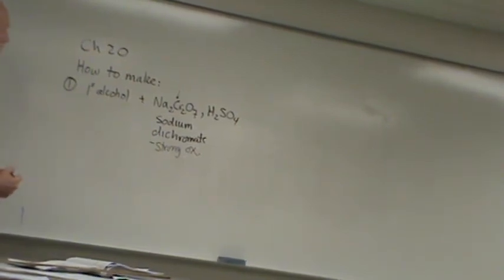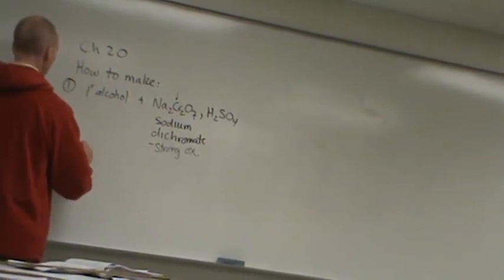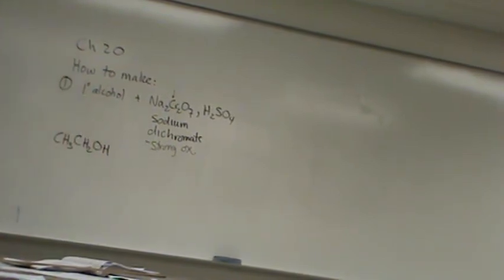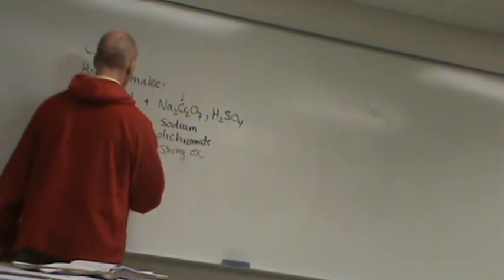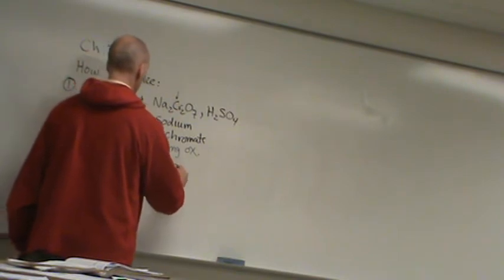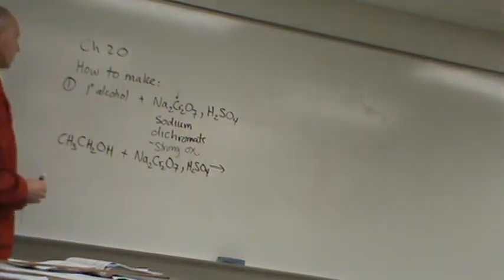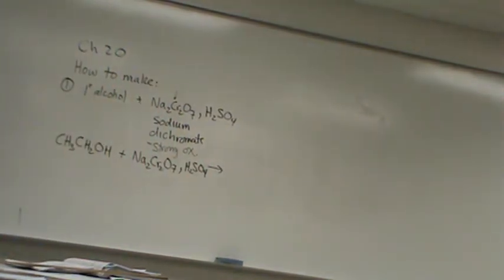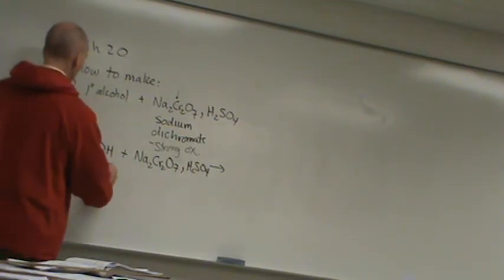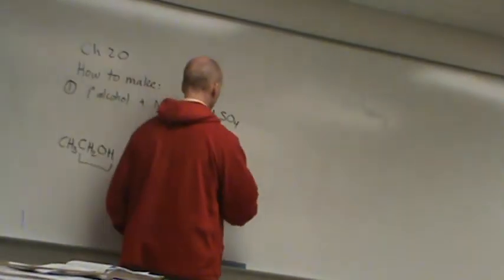So let's look at this reaction. If I have a primary alcohol, such as ethanol, and react it with this mixture here, what it will do is convert the carbon with the OH to the acid group.